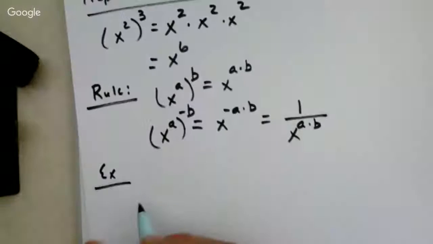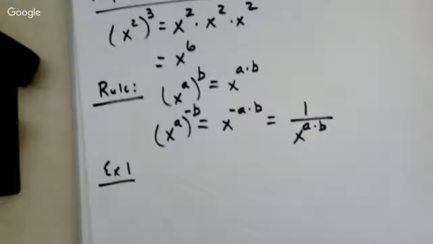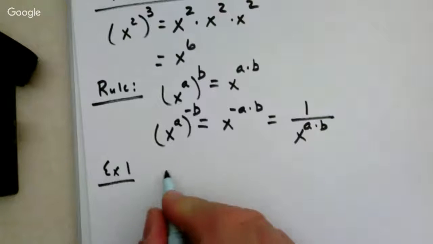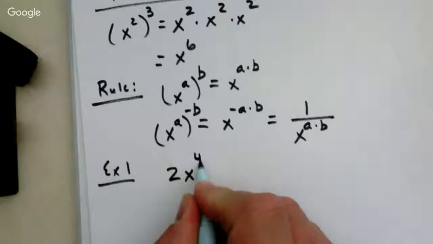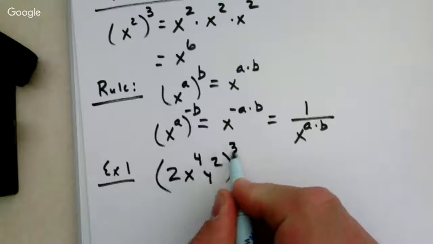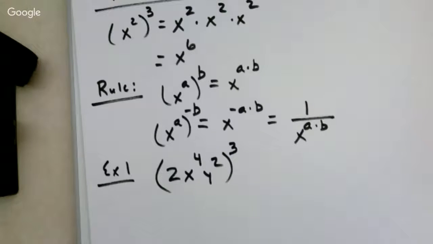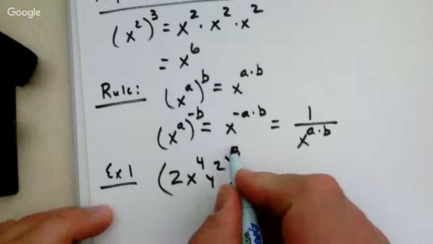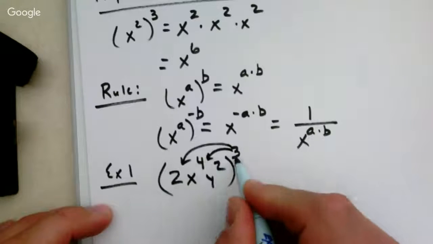Let's take a look at a couple examples. Let's go for example number 1 today. Let's go for 2x to the 4th y squared, all raised to the 3rd power. Now you ask yourself, wait a minute, there was only 1 thing up here, but now there's 3 things in here. Here's what we got to do. We got to raise each one of these to the 3rd power.